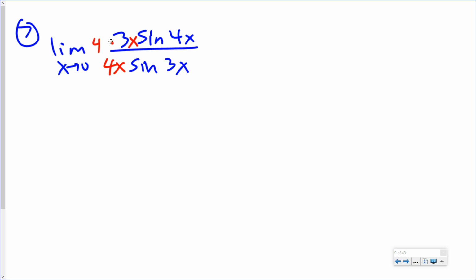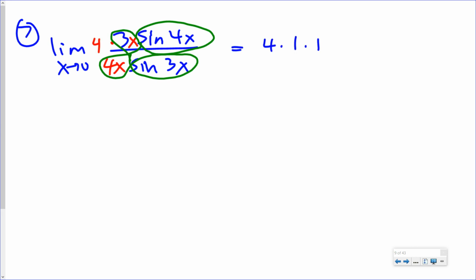So do you agree that I did not change the value of my function? I multiplied by 4x on the top, and I multiplied by 4x on the bottom. Now look what's going to happen here. This sine 3x can match with what? This sine 4x can match with what? There you go. Look at all this discovery that's going on. So guys, this is going to be equal to 4 times 1 times 1. You see it? And that's going to be 4.